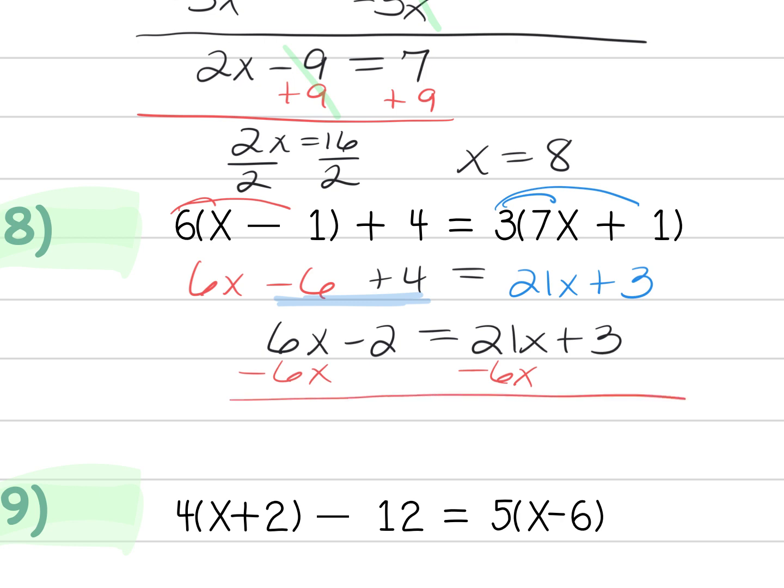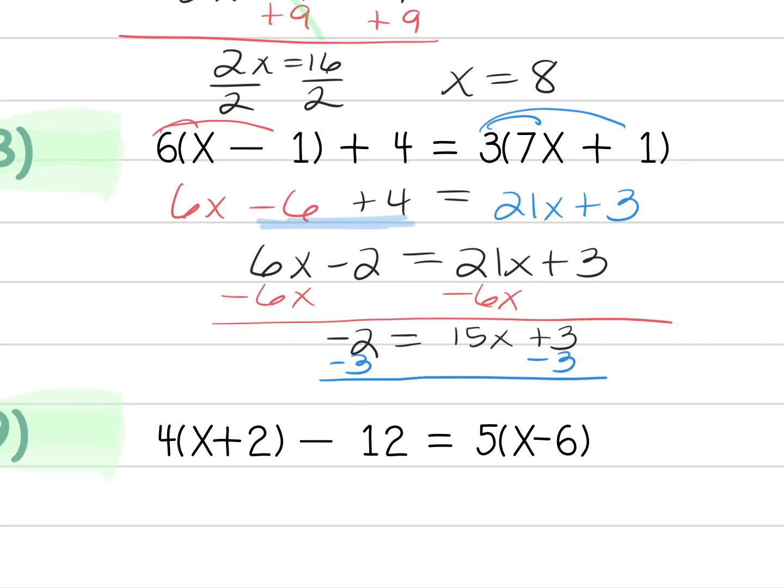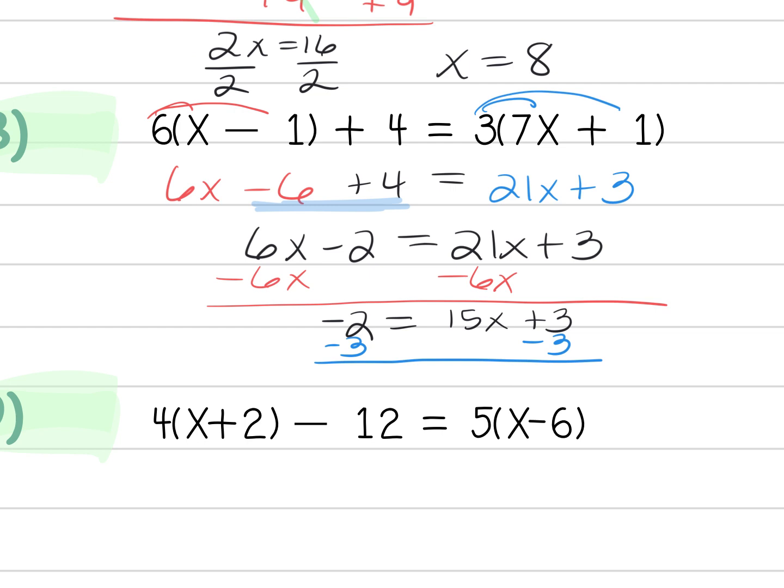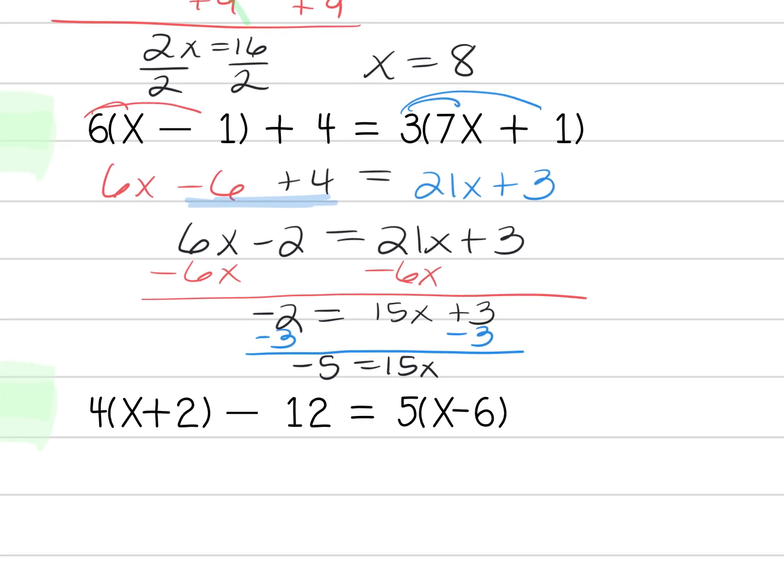And then now I'm left with the -2 equals 21 minus 6 is going to give me 15x plus 3. And now I need to move the constant. So I'll subtract the 3 because I need to move it away from the variable. Your goal is to isolate the variable. And then you're left with -5 is equal to 15x. Go ahead and move it up here.